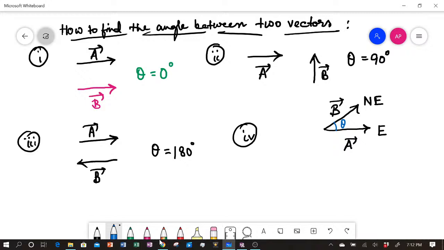What would be the angle? AB cos, okay, AB cos means AB cos theta. Anything else? Does anyone else have any other answer? Come on, anyone else? Ravi Shankar's answer is AB cos theta.